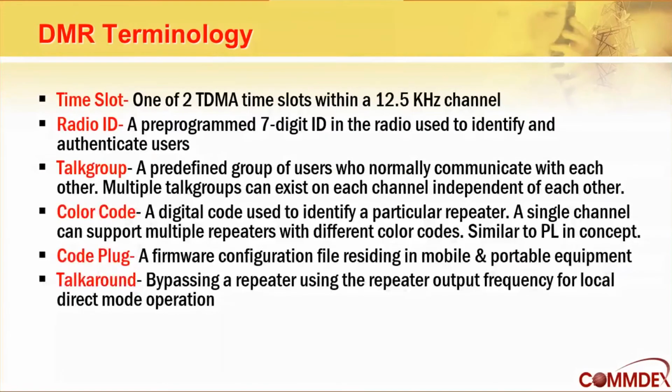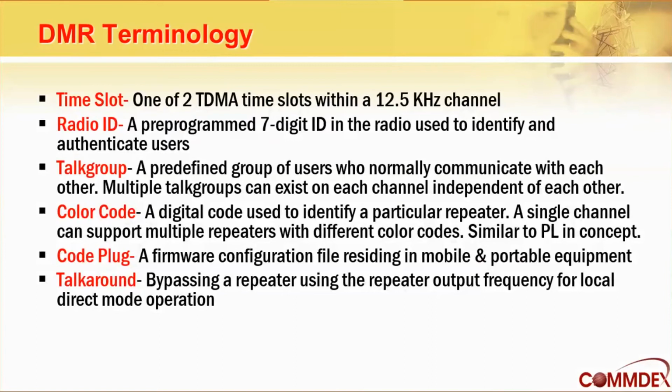So some of the technology used in DMR is similar to P25 terminology, but there's a few distinctions. We talked about the fact that TDMA uses time slots. And again, DMR, just like P25 Phase 2, uses 2 time slots.